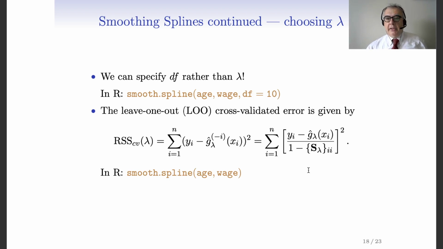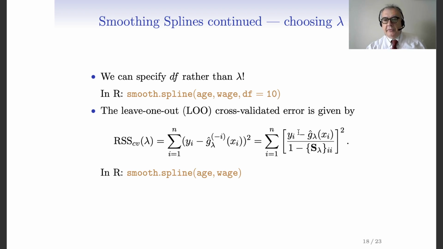So for a given lambda, you compute your smoothing splines. In particular, you compute the prediction g hat lambda of x_i, and here you have the residuals, and then you compute this sum of weighted squared residuals. These squared residuals are weighted by this term, and here you can see the ith diagonal entry of matrix S. This matrix is also called the hat matrix that we had already met when we introduced the leave one out lemma for linear regression.